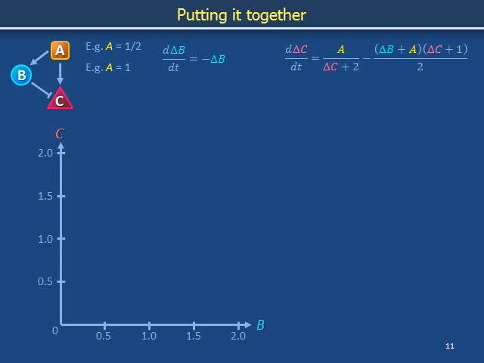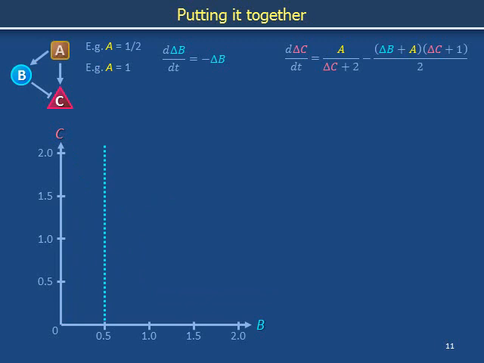Let's put together the linear stability analysis we performed on the two critical points. When a initially equals 1/2, it provides some activation to protein B, corresponding to sustaining B at the value indicated by the blue nullcline.